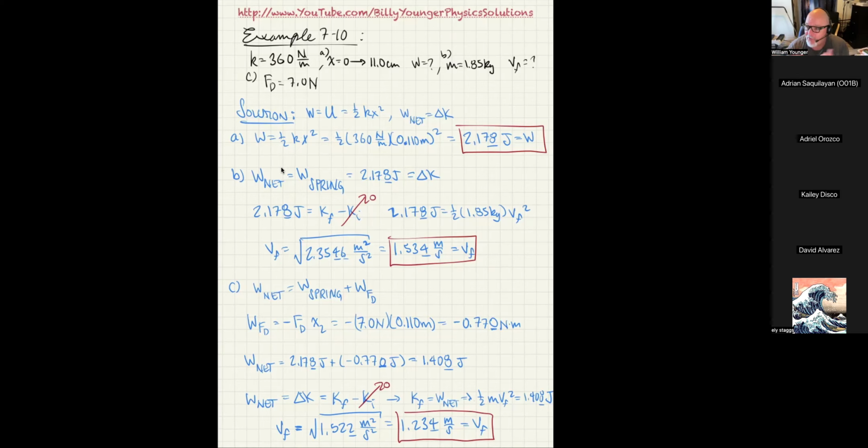Doesn't matter, but the main thing is it's going to be something that only depends on the initial and final positions, and whether you chose to integrate along a straight path or a curved path or a hyperbolic path, whatever, you're always going to get exactly the same result.